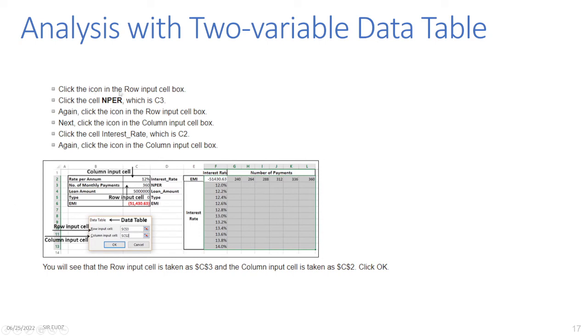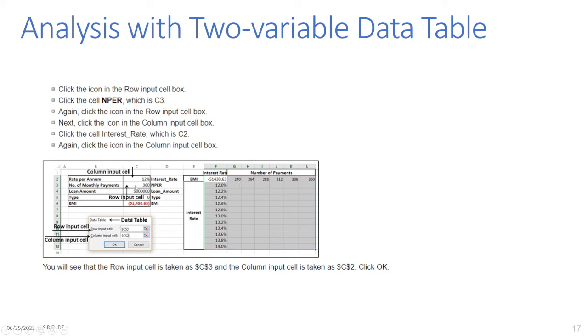Click the icon in the row input cell box, so the row input cell. So we click on this row, and then we click on C3, because the row here represents the number of payments. So we place here C3.